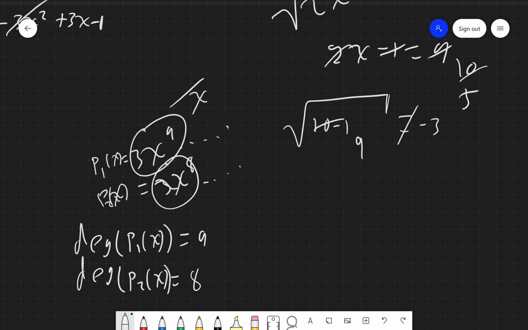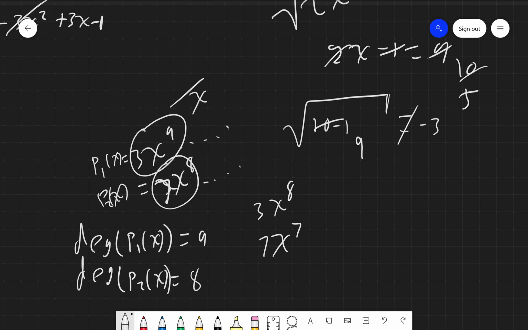If we divide by x, we get 7x to the 7th here. So notice that if we divide by x, the degree goes down by 1.